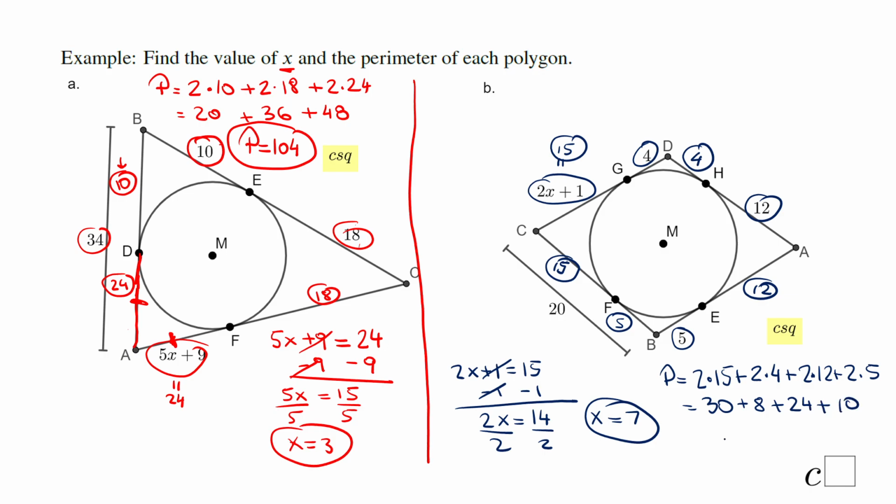So we have here 40, 48, plus 24, and up to 72. The perimeter of this circumscribed quadrilateral is 72. Very important to remember, I think the vocabulary is useful.